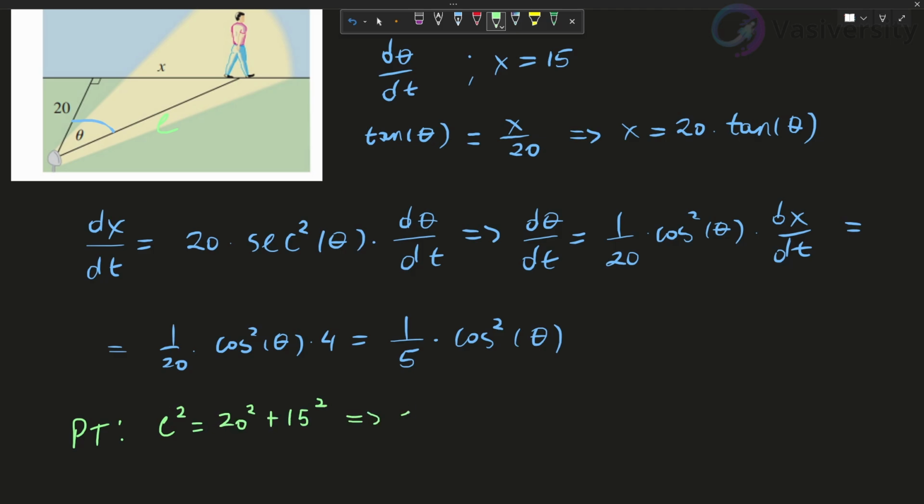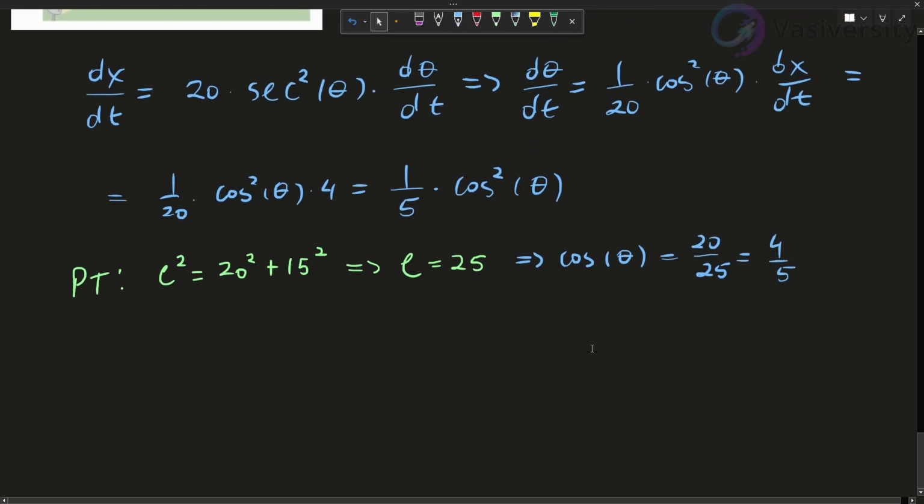So L is equal to 25. So that means if it's 25, then cosine of theta, which is adjacent over the hypotenuse, is going to be 20 over 25, which is equal to 4 over 5.